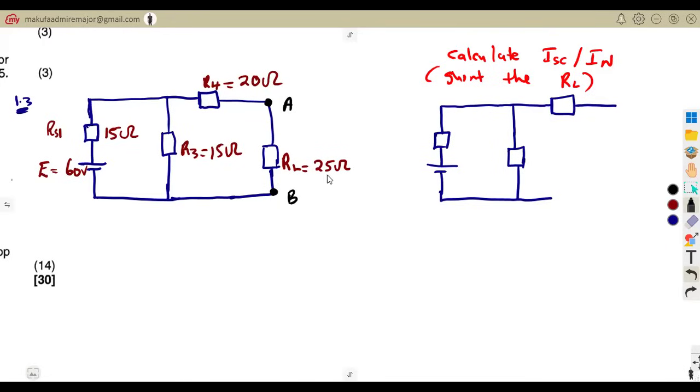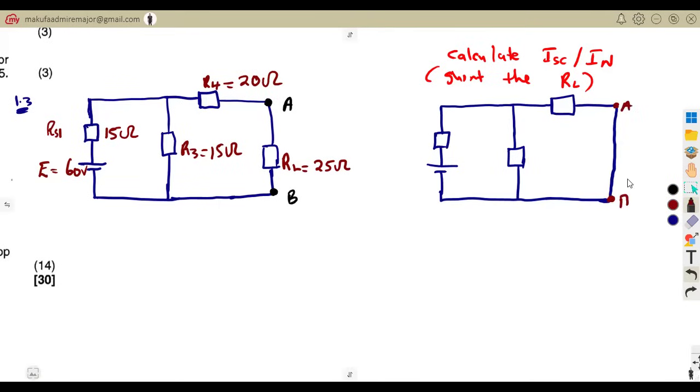But you're not removing it as in Thevenin. No, you are shorting. To short is to make it continuous. It's just going to be like this. That's a short circuit. Remember, short circuit. It's just a straight line, with no resistor, between the points A and B.